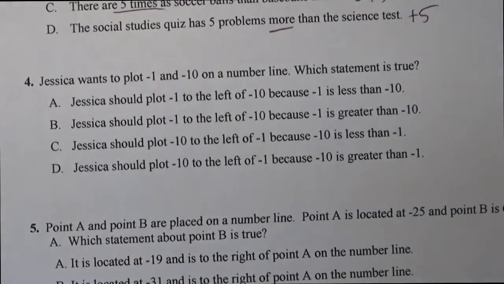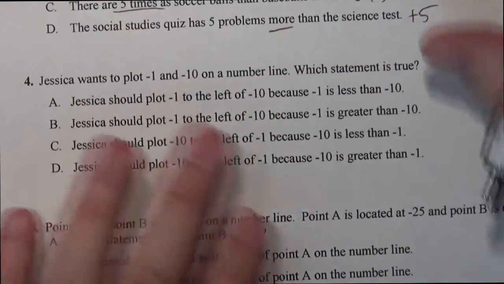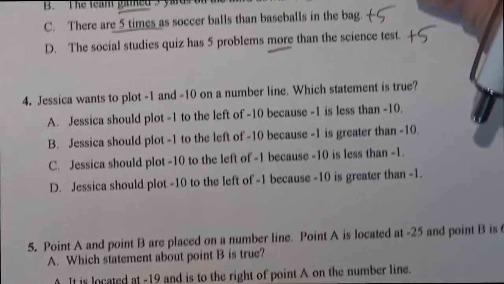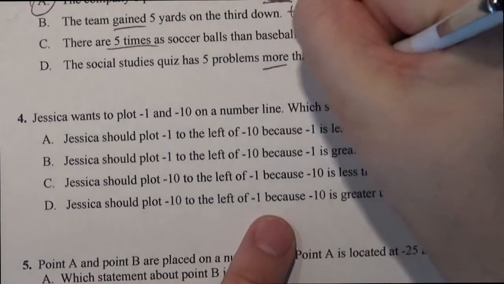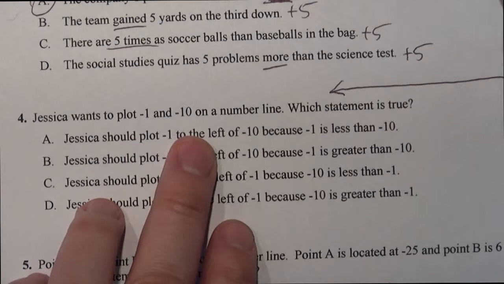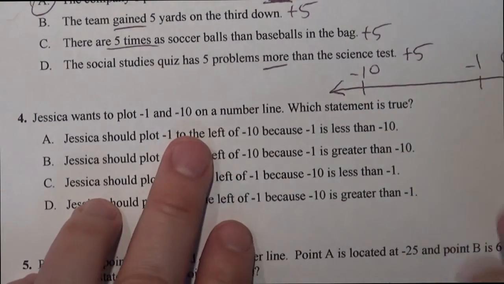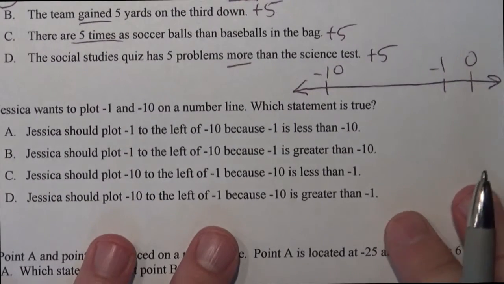Sometimes seeing that visual will help you answer correctly. So I'm going to make my own little makeshift number line, similar to what you may do on your test. If I plot -1 and -10, I know 0 would be here, -1 would be next to it, and then -10 would be way down the line, right? There you can see that a little better.